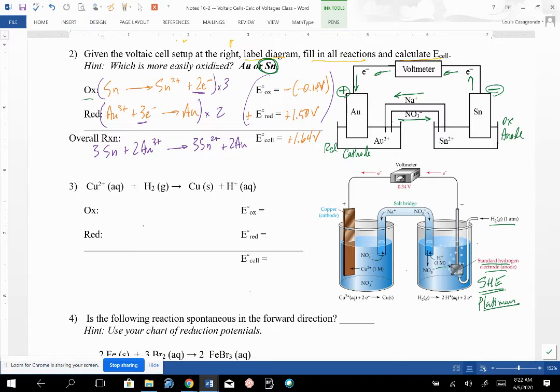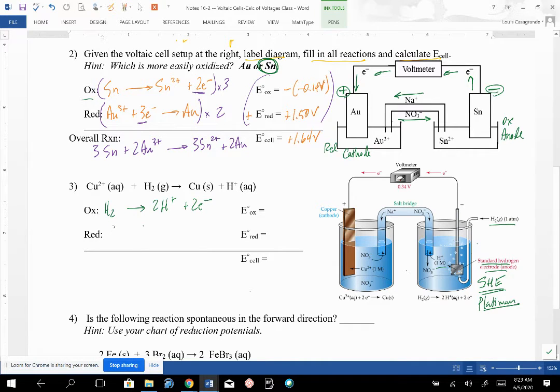Now, we already said over here, you can see that the SHE has been set up as the anode, so it's going to be the oxidation. So let's write that in as the oxidation. We'll see in a moment that this is true. So we have the H2 being oxidized to 2H plus. Don't forget, we have to balance the mass as well as the charge, plus 2 electrons.